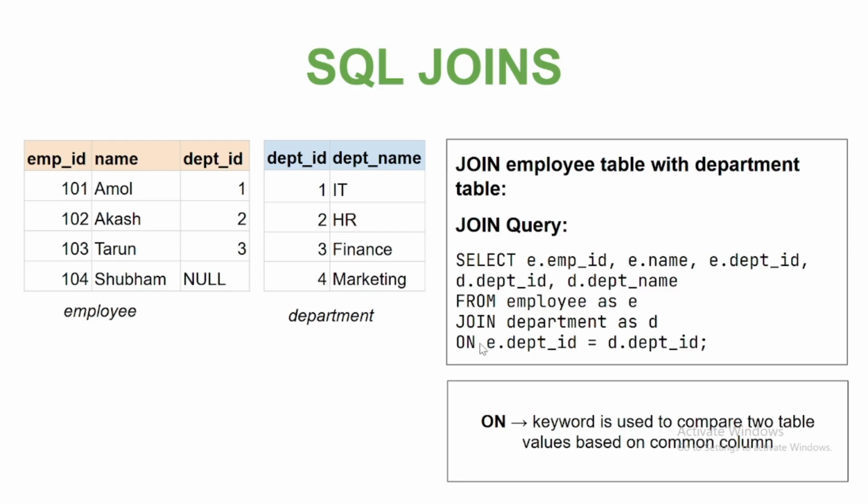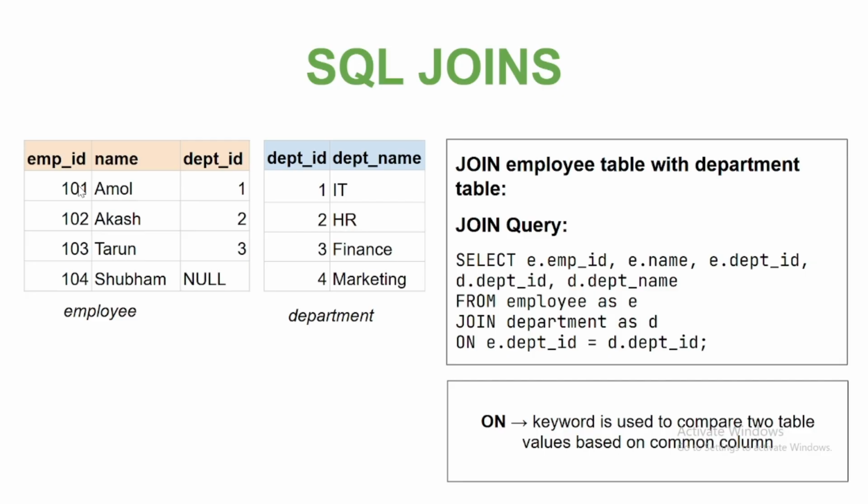Okay, and on which basis are we doing this join? E dot department ID, which is the common column between the department and employee tables, equal to d dot department ID. What will happen, guys, is whenever the department ID in the employee table and the department ID in the department table match, then it will combine that particular row.